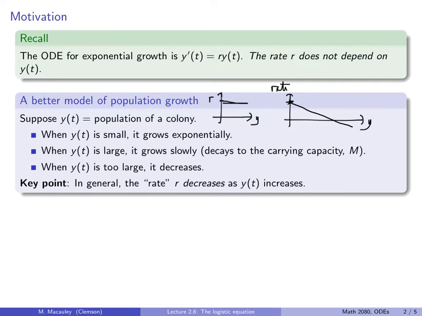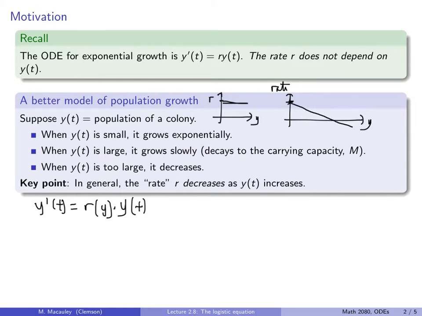So to summarize, we have our differential equation: y prime of t is some rate, which is now not constant but a function of y, times y of t. So this is our differential equation, and instead of making this a constant, let's plug in a linear function in y.